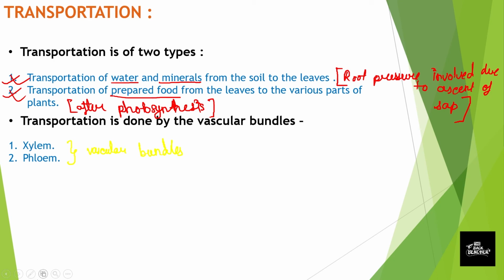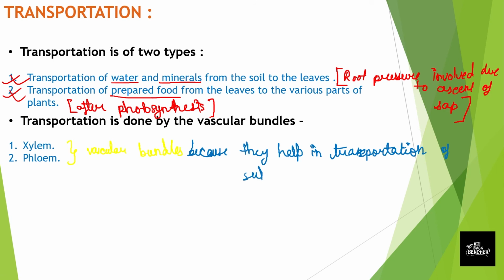Because they help in the transportation of substances in plants. That is why they are referred to as vascular bundles together.